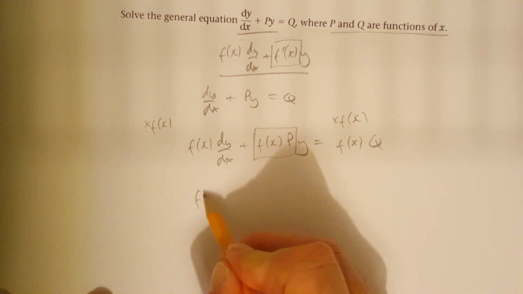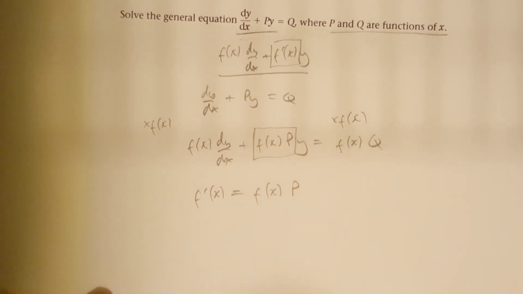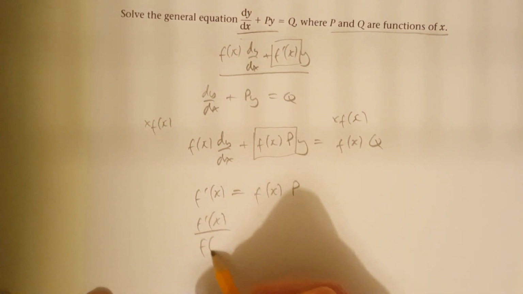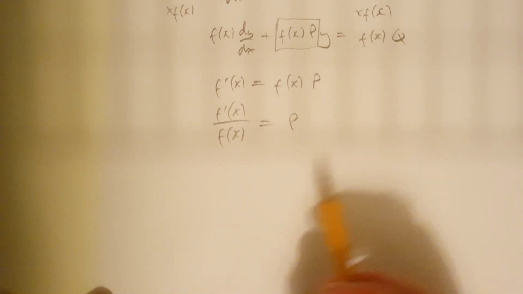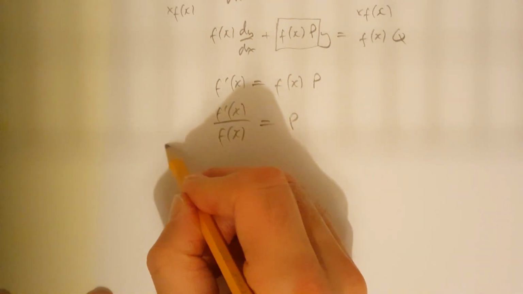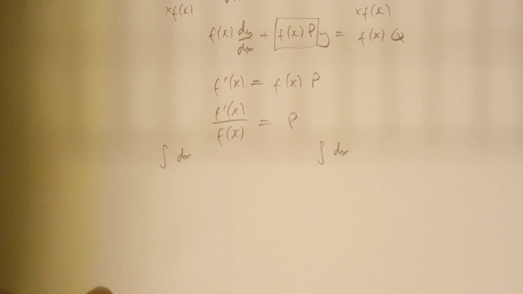So I'm looking at f dashed of x needs to be equal to f of x p of x, divide through by f of x. Now, in an attempt to do something with this, what I can actually do is integrate both sides with respect to x.